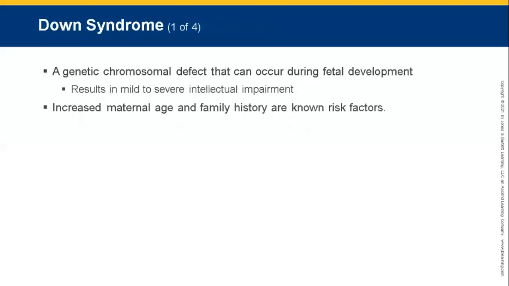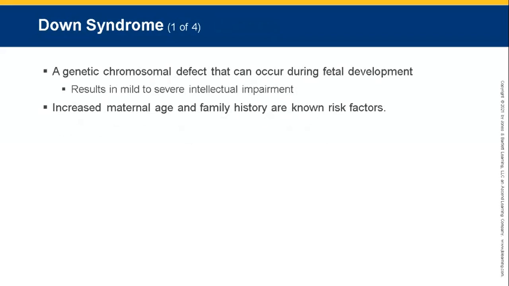Down syndrome, also known as trisomy 21, because of the extra chromosome on the 21st pair. A genetic chromosomal defect that can occur during fetal development. It results in mild to severe intellectual impairment.